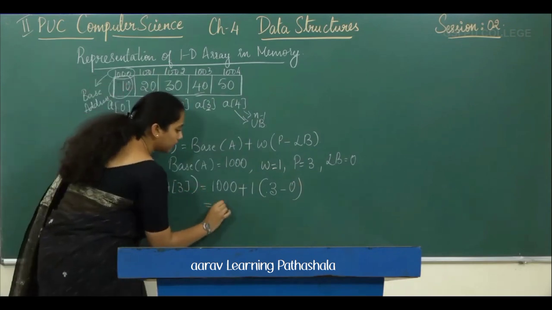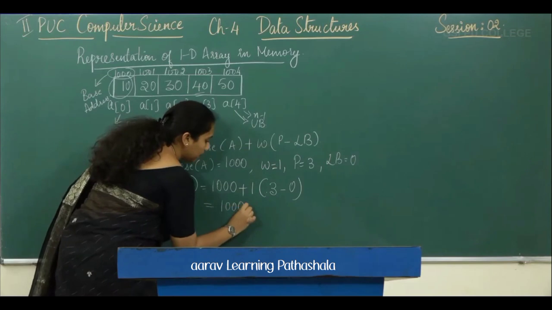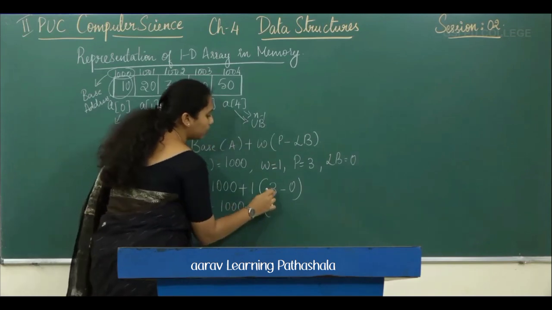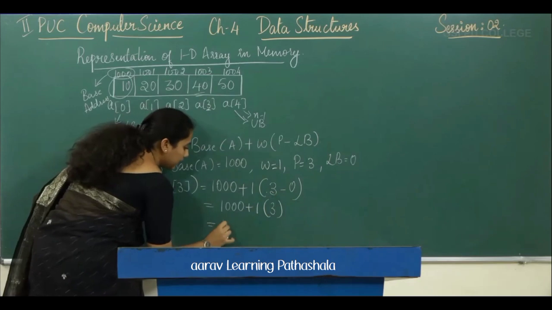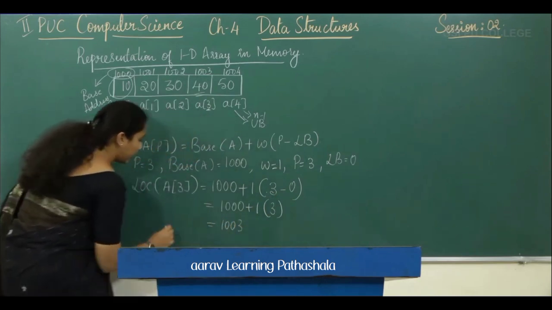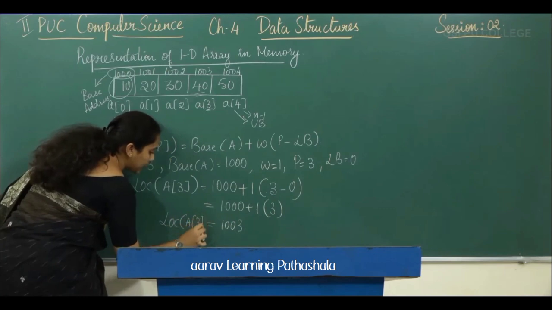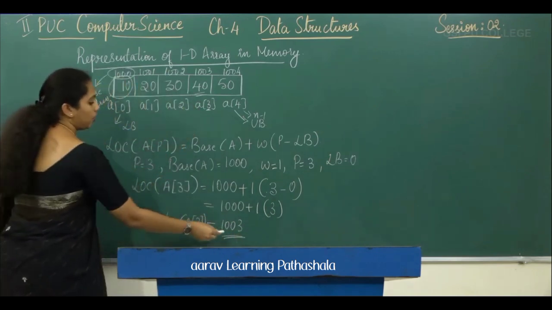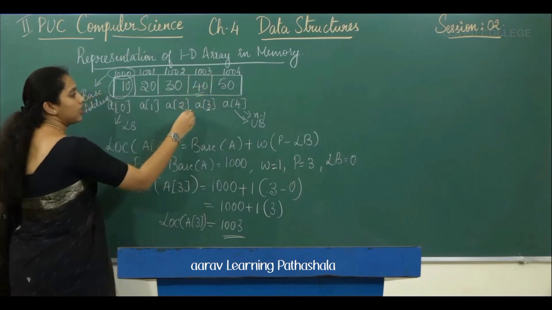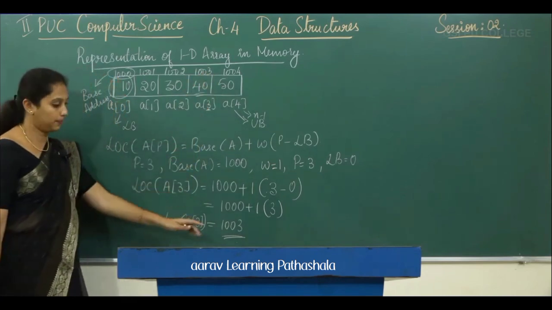So 1000 plus 1 into 3 minus 0, which is 3. Hence the location of A of 3 is 1003. Check whether it is correct or not. So the address of the element 40 is 1003.